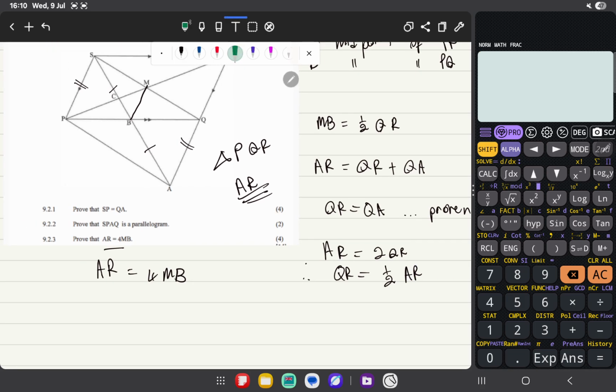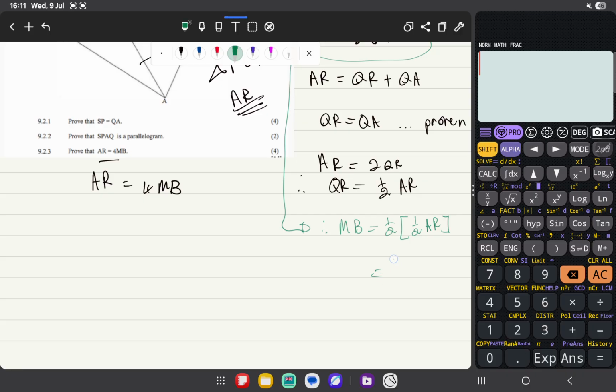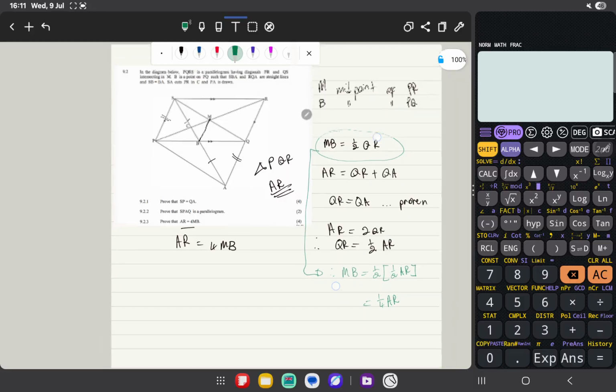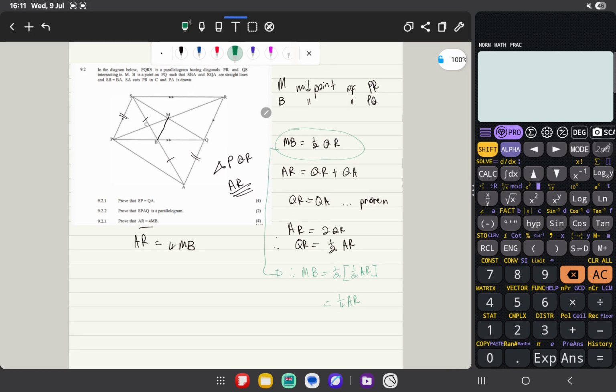So now we take this and go down here and say therefore MB is equal to half multiplied by half AR, 1 over 4 AR.